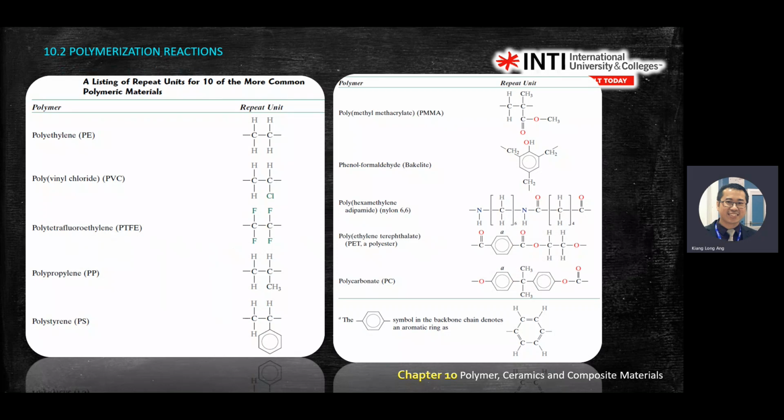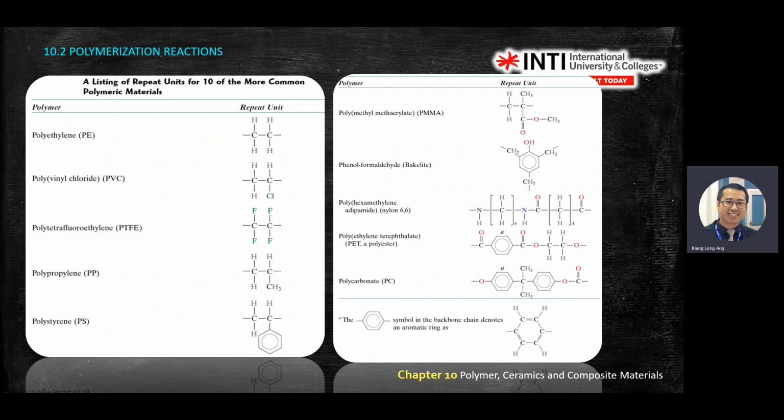Yeah, so this is another table that explains about polymerization. How do you apply this table when it comes to your exam, maybe test 2 or your final exam? You'll be given the name of that particular polymer.